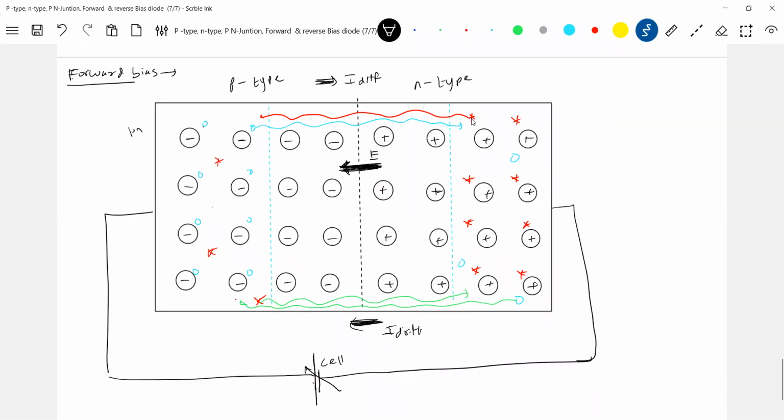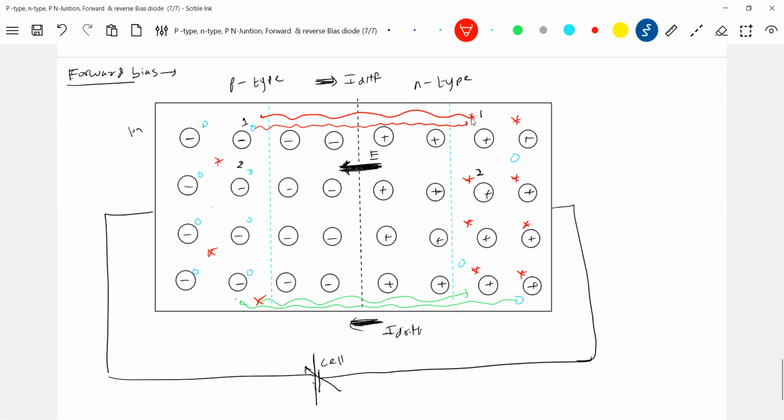So I'll give number 1 to the most energetic majority carriers. What about number 2? Number 2 are not most energetic majority carriers, but they get support from the cell, so they will also start moving. I think all the majority carriers I'll show in one red color, so it'll be easy for us to do the comparison.